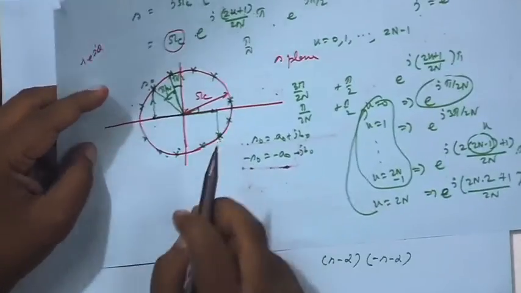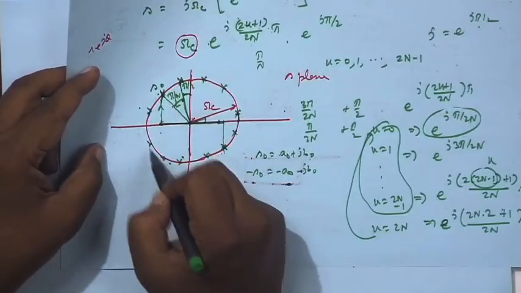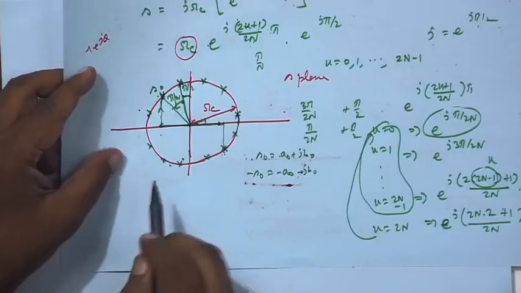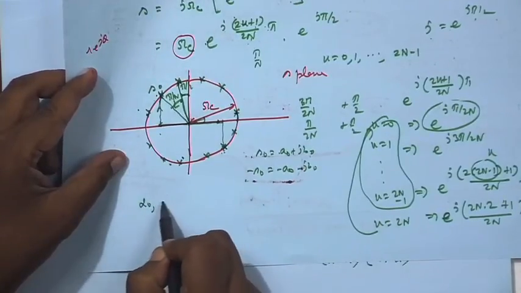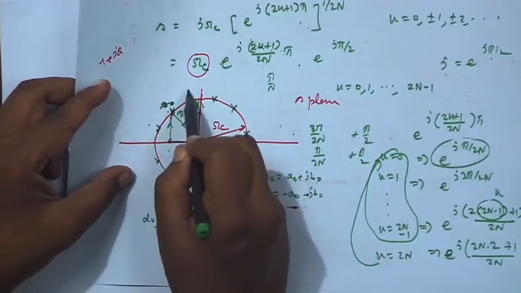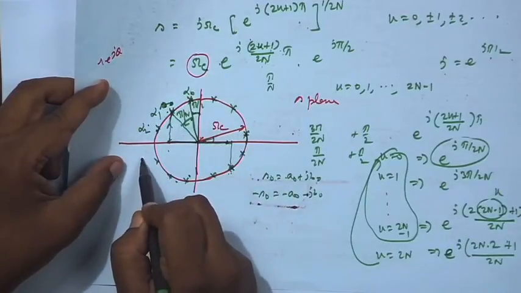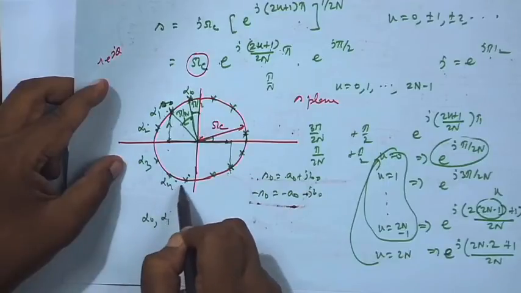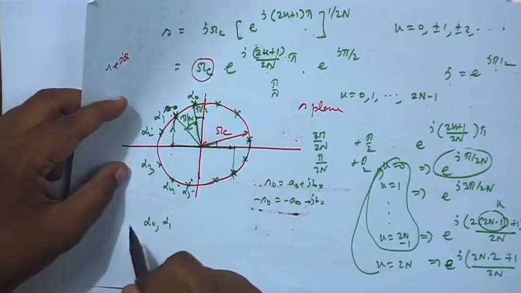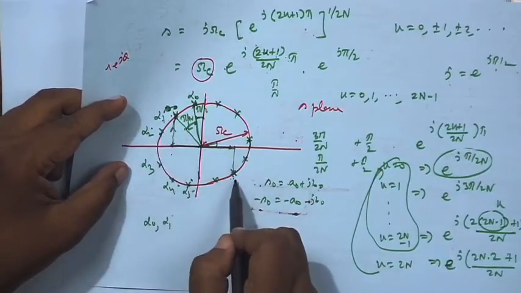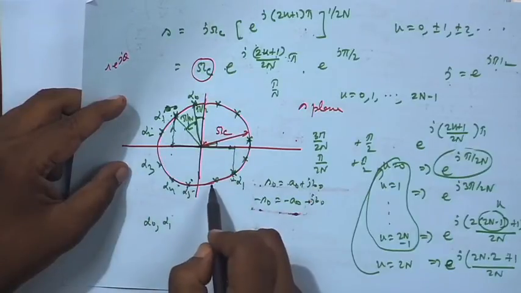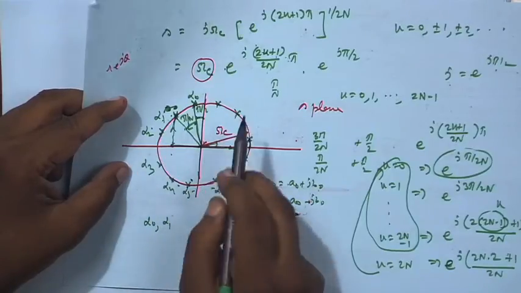Then what we do is this: we take all the left half plane poles, say this is alpha 0, alpha 1, alpha 2, alpha 3, alpha 4, alpha 5. If it is alpha 1, this is minus alpha 1; if it is alpha 2, it is minus alpha 2, like that.